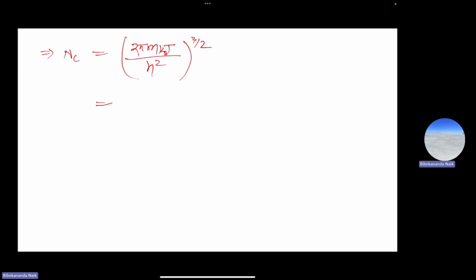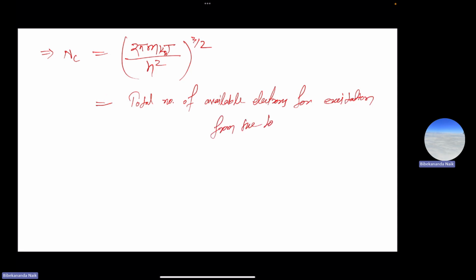This is the effective density of states in the conduction band, or we can call it the total number of electrons available for excitation from the top of the valence band.